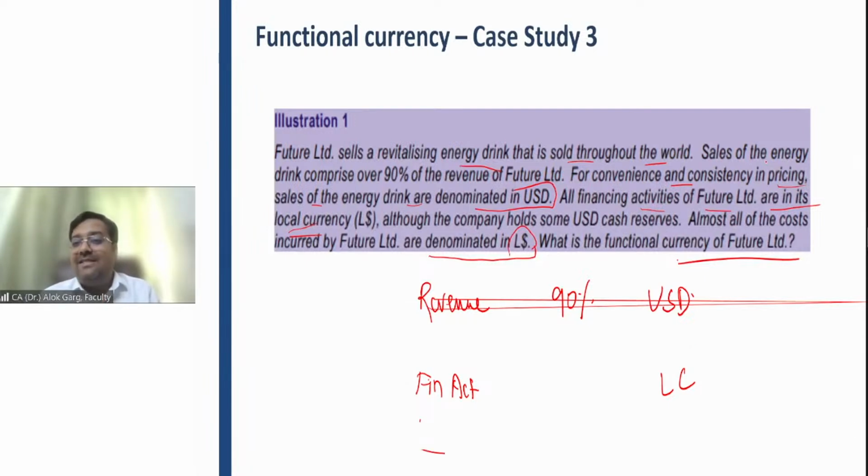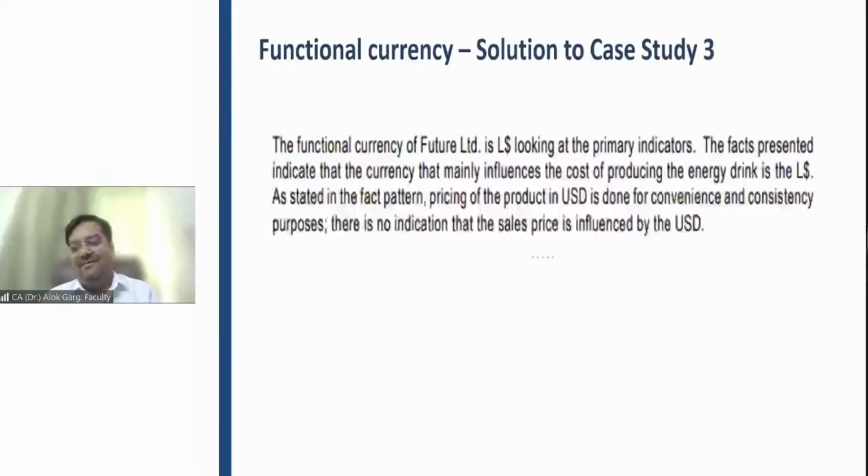For the sake of consistency and convenience, because US dollar is the most prominent currency in the world, and this energy drink is selling across the world, right? So in US dollar only, the price has been maintained.